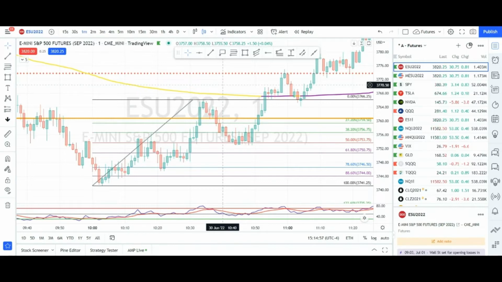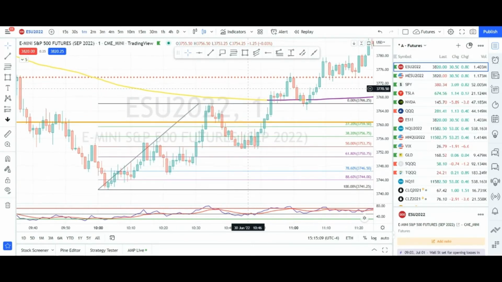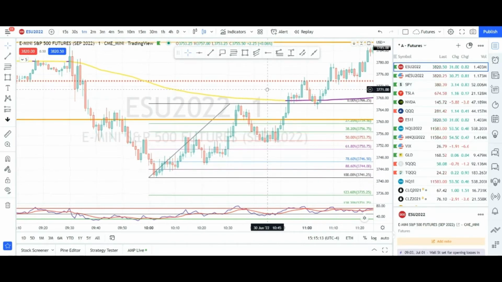So don't trade with actual money. At least try to start with the paper account. Start trading with the paper account 6 months, 5 months, 4 months, 1 year, 2 years. And when you think that, okay, now I can put the money in the actual account, I can trade, start with a small amount. Start with the micro. This is mini S&P.